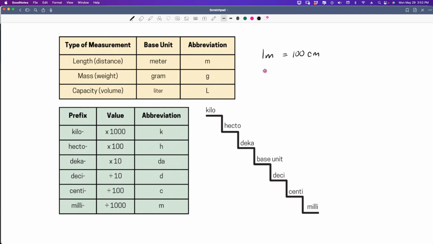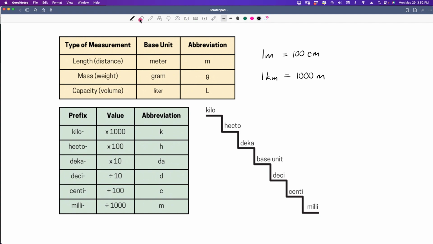So if we had 1 kilometer, it's bigger. It's on the multiplication side. So 1 kilometer would be the same thing as taking 1 meter times 1,000. So that would be 1,000 meters. So you can see how that works. You can create your own conversion or unit of reference depending upon what it is that you need.